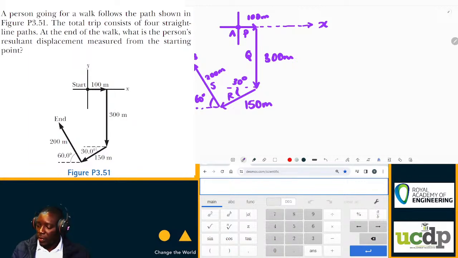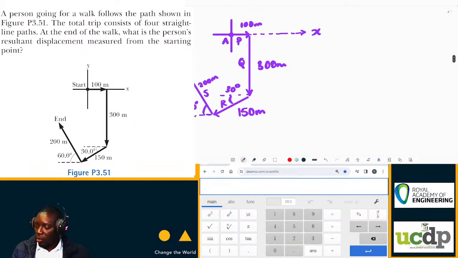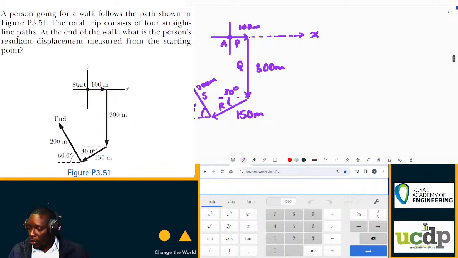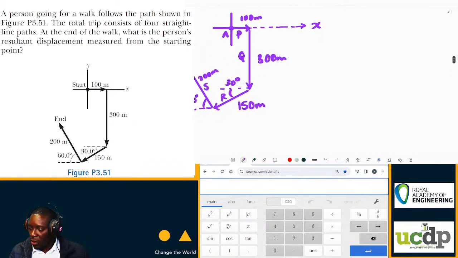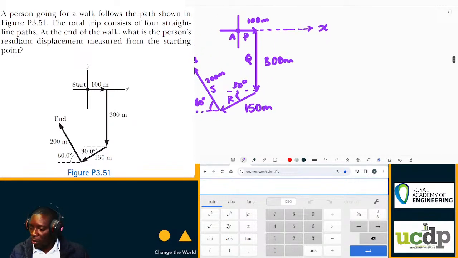So remember, for our resultant, we said we'll deal with the different components separately, such that we'll start with the x component. This should be equal to px plus qx plus rx plus sx.